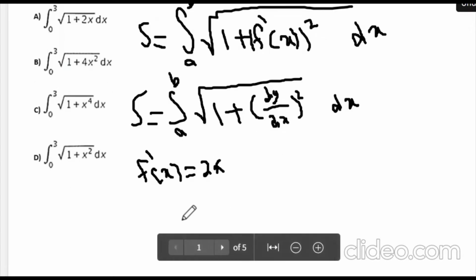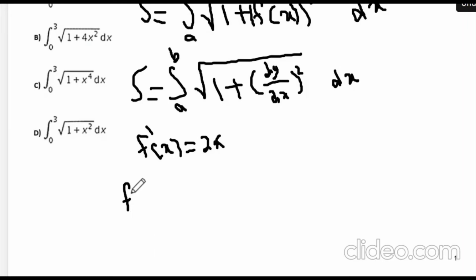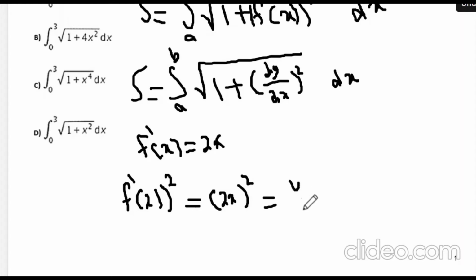So then f prime of x squared equals, we're going to put 2x the same, but we're going to add squared. So 2x squared, so we're going to have 4x squared.